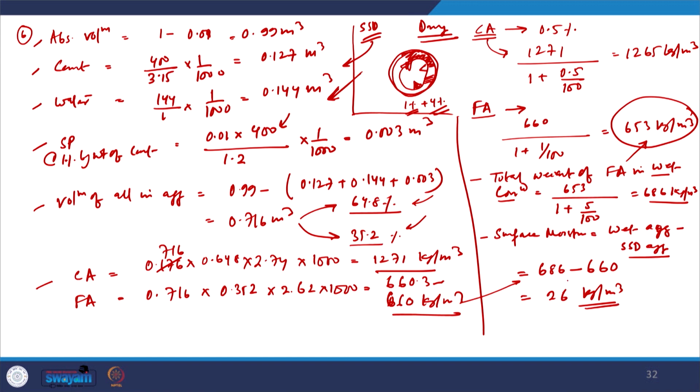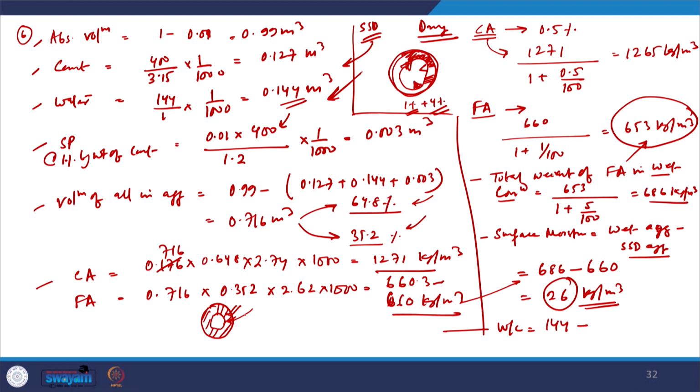So, this we have to again adjust in the total water content. Now, the changed water content will become equal to, earlier it was 144 in SSD condition that we calculated, which means we have to subtract the amount of free moisture, because this free moisture is the one which will facilitate workability also, which means this is active water which also reacts with cement.